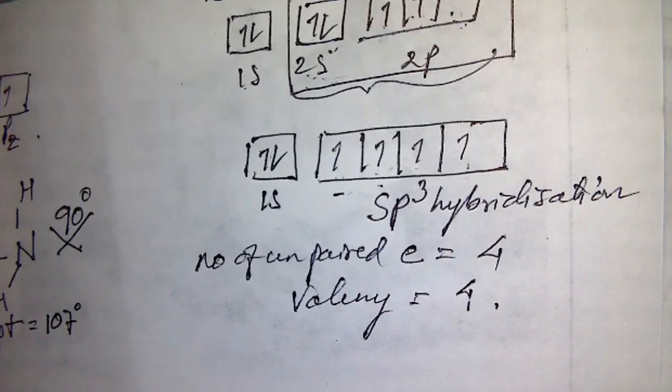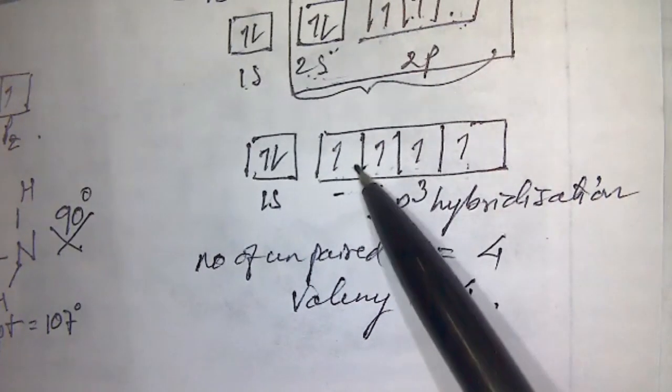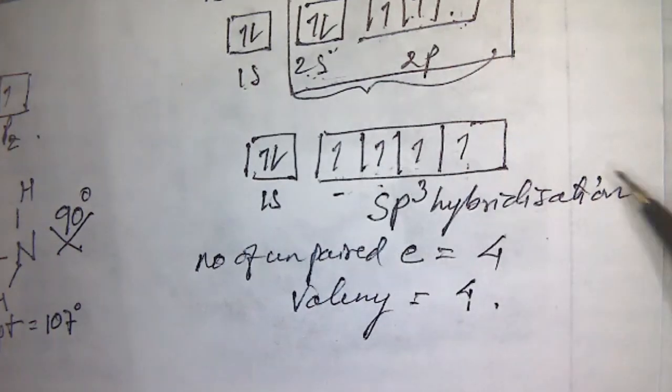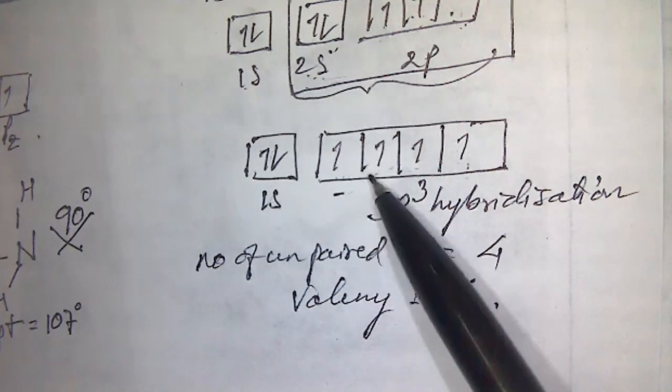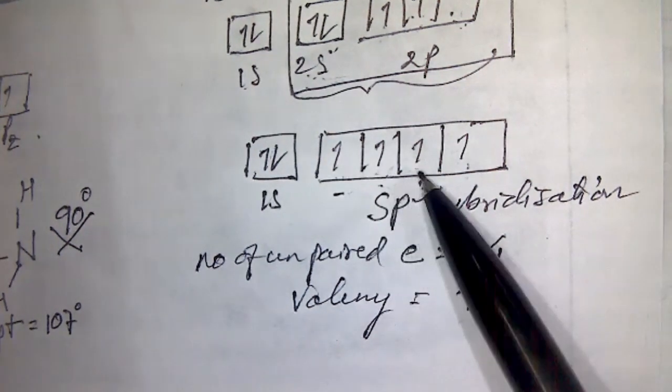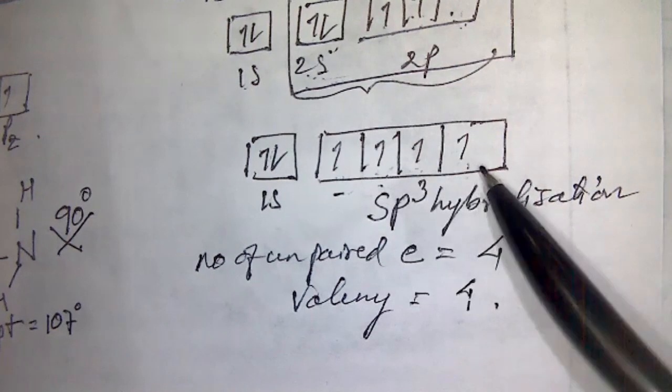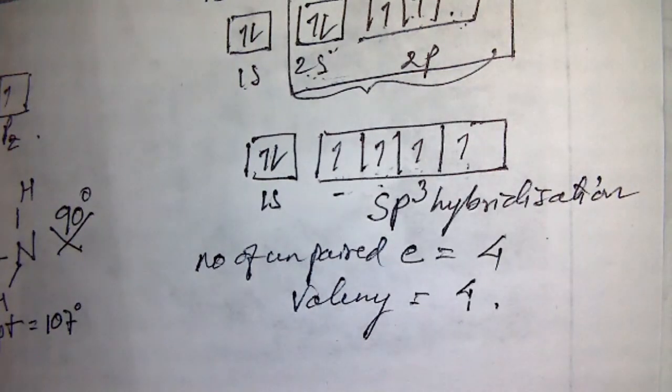Now from here, what will happen? This can combine with different things. So if it combines with hydrogen, as we saw previously, this can combine with one hydrogen. This will also combine with one hydrogen, another hydrogen, another hydrogen. So how many hydrogens can they combine with? 4, isn't it?